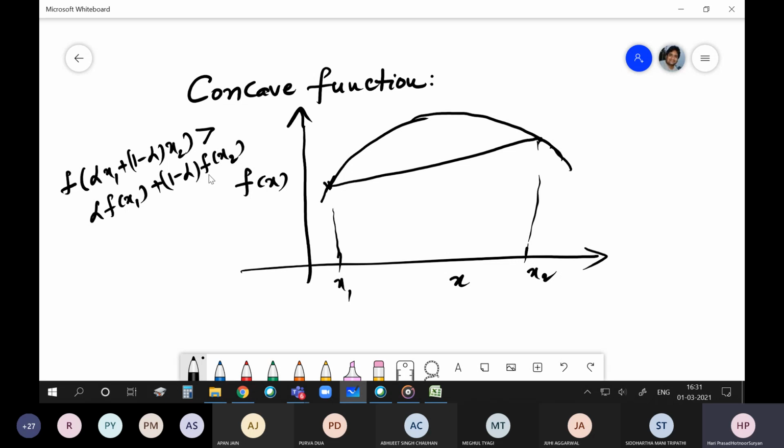Yes, sir. So such type of functions are called concave functions.